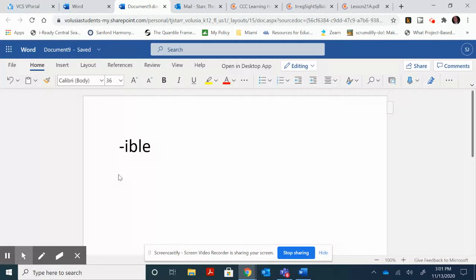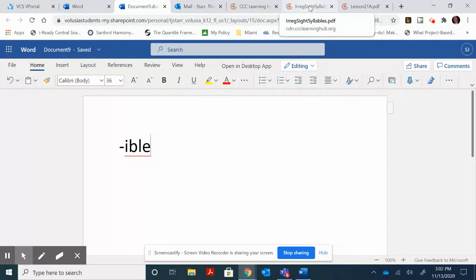As you can see, the first one, able, as in possible or collectible. I would ask them to read it, and then because this is an irregular sight syllable, we would ask them to spell it and then read it again, and then spell it and read it one last time. Similar to the routine that we do with sight words.